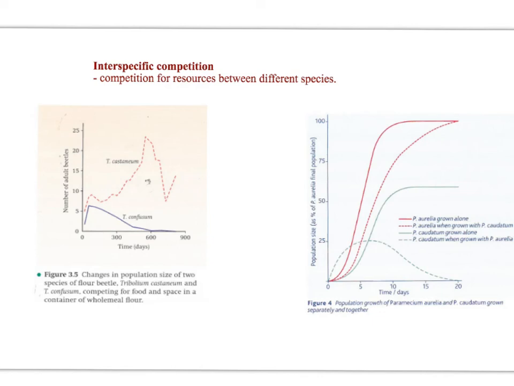So those are three important words in this situation. What they're being outcompeted for, in this case it was food or space. What's the consequence? They're going to starve and then they become extinct.